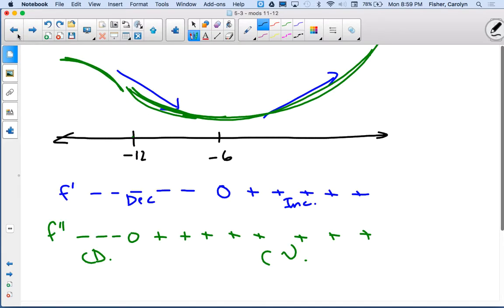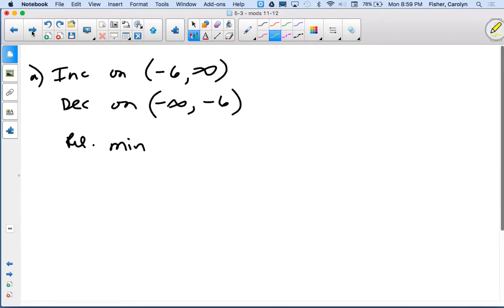So I do see a minimum right here, I should say at this x value of negative 6, because my derivative is changing signs from negative to positive, versus the other one where I didn't have a change in sign in my derivative. So minimum at x equals negative 6. If we wanted to find the y value, we could do that. No relative max.